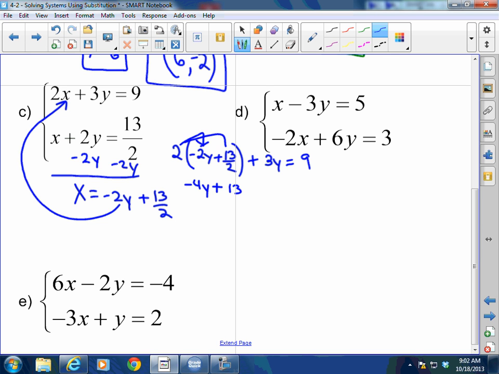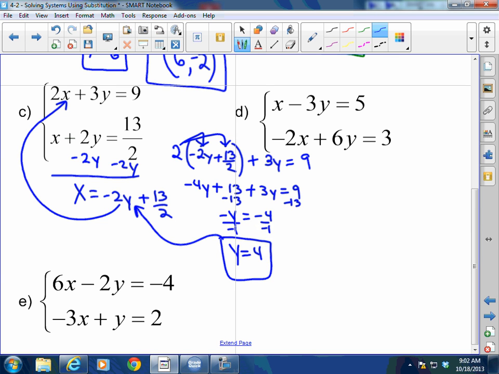Remember, I distributed here, guys. Plus 3y equals 9. Negative 4y plus 3y is negative y. Subtract the 13 to both sides. That's going to equal negative 4. Yep. Divide by negative 1. So y equals 4.